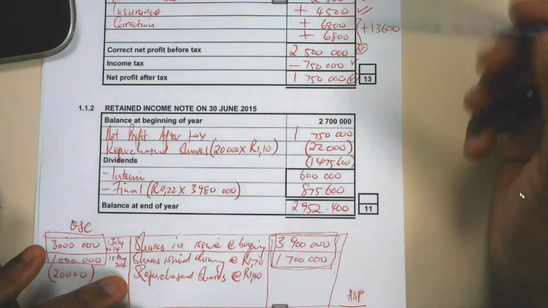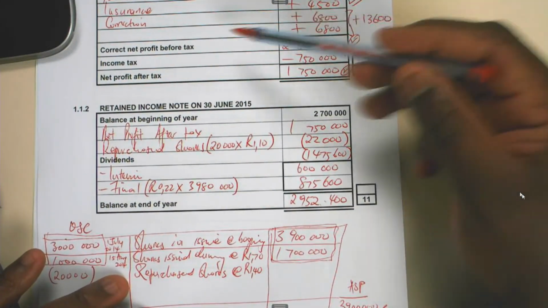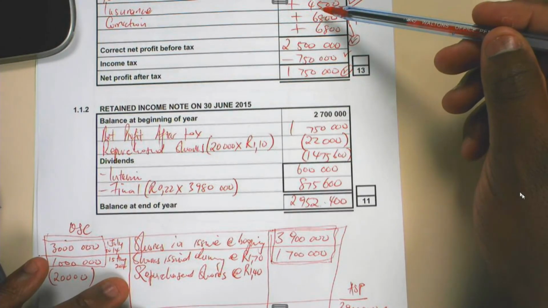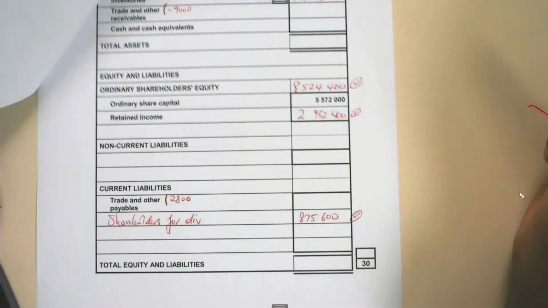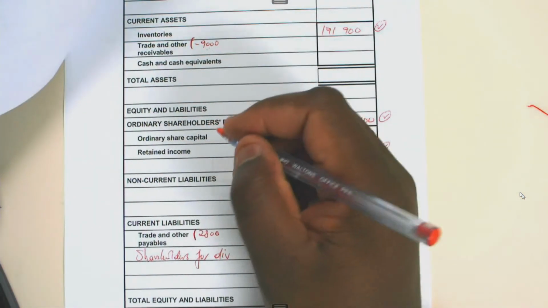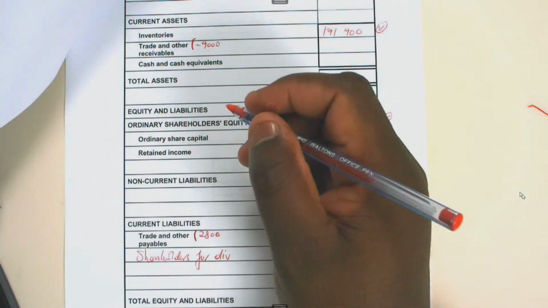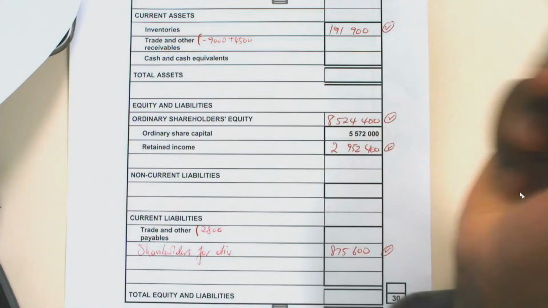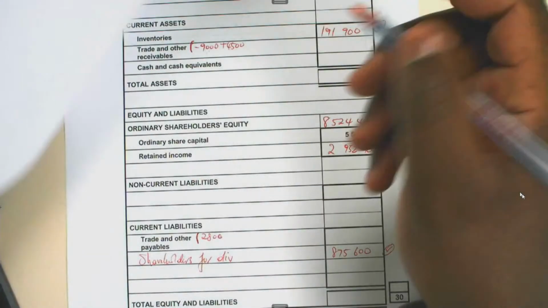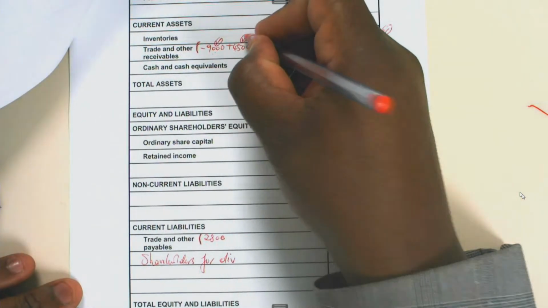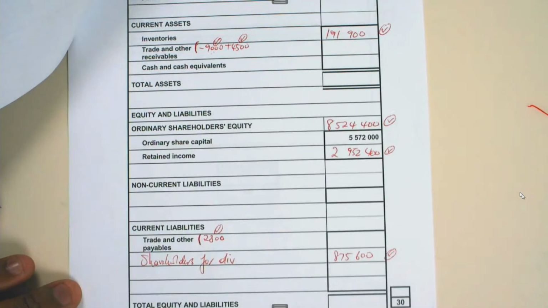And then it is insurance. This was that prepaid of 4,500. So that one we will add where? Under current assets in the bracket of trade and other receivables. So now we'll add here 4,500 rand, right? So these are free marks.